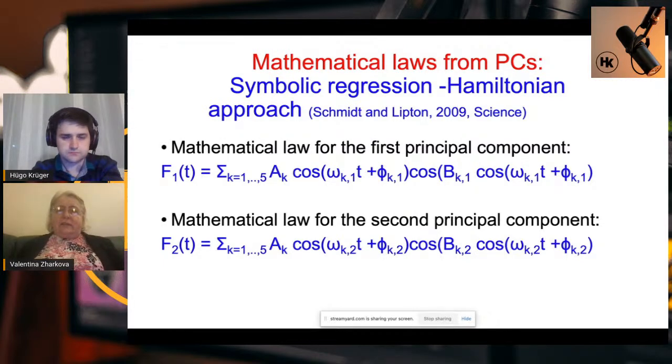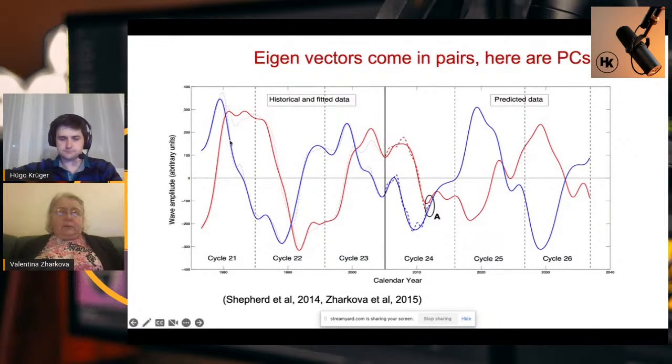We don't get it from dynamo equations. So this was unusual. This is what we discovered after we quantified these principal components using Eureka software and the Hamiltonian method by Schmidt and Lipson.